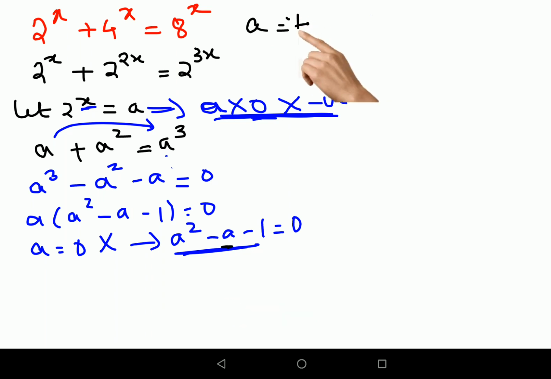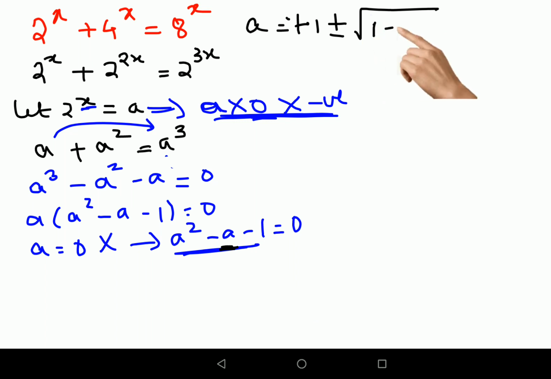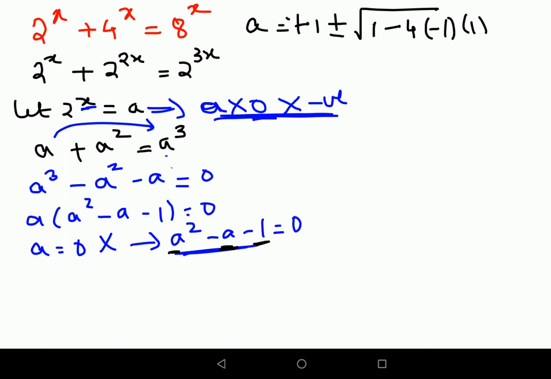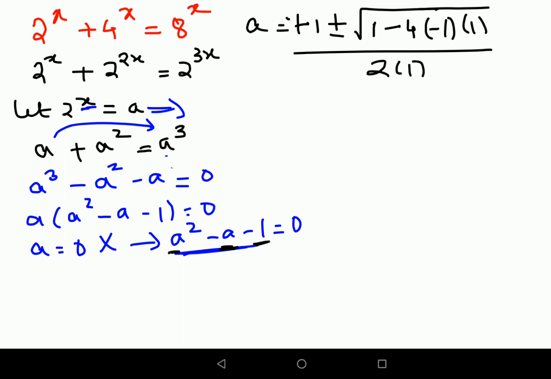So minus of minus 1 gets you plus 1, plus minus root of square of coefficient of a, that is minus 1 square, that gets you 1, minus 4 into constant, which is negative 1, into coefficient of a square, that is 1. Then we have 2 into coefficient of a square, that is 1.